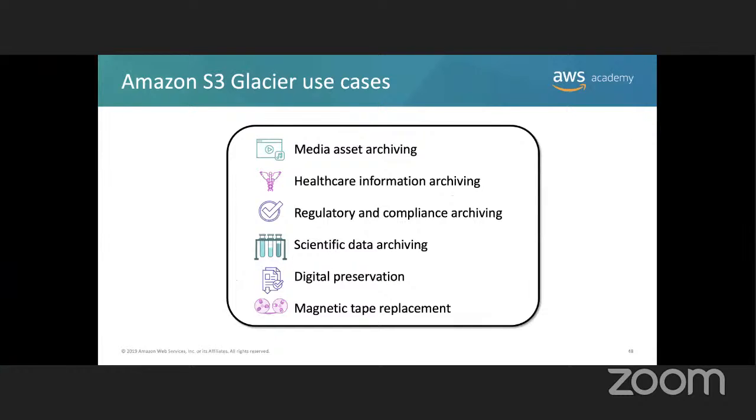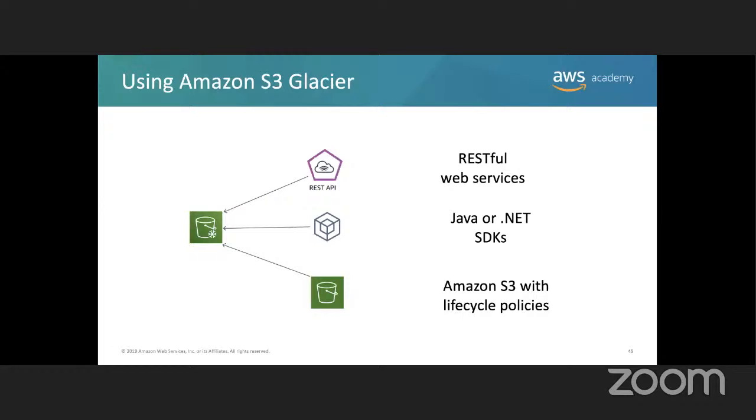Okay, so when would you use Glacier? Well, for media asset archiving, healthcare information archiving, regulatory and compliance archiving, scientific data archiving, digital preservation, magnetic tape replacement, all that. How can you access it?